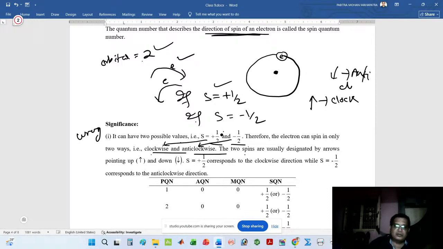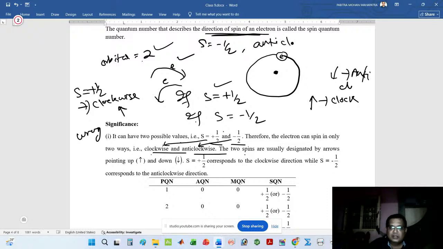So remember, if S is equal to plus half, then think about clockwise spinning and the upward arrow. If S is equal to minus half, then think about anti-clockwise spinning and the downward arrow.